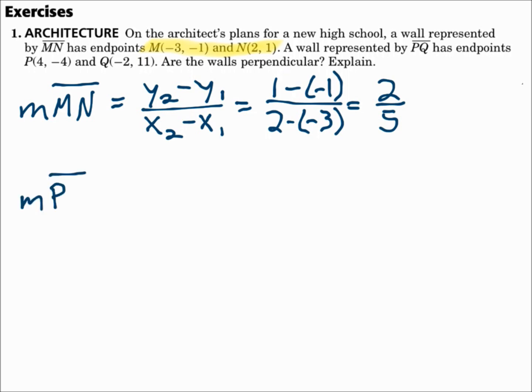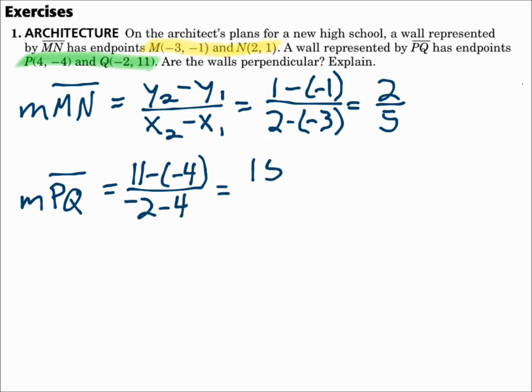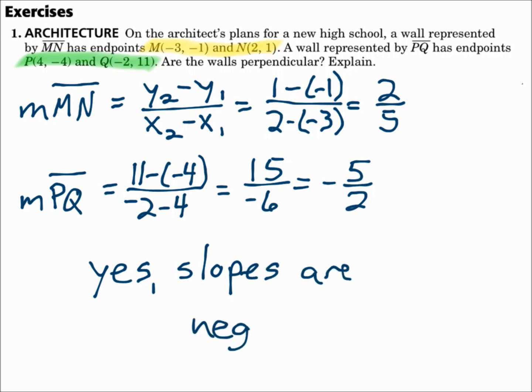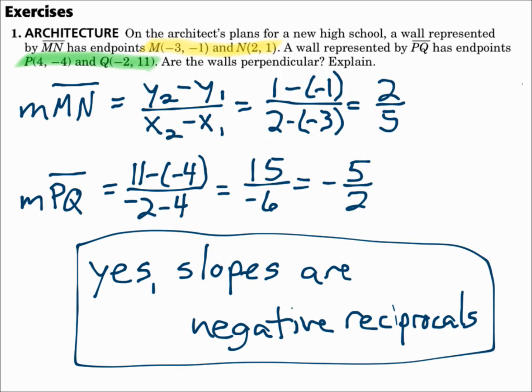For the slope of line PQ, y2 is 11 minus y1 is -4 over x2 is -2 minus x1 is 4. That gives you 15 over -6, which is -5/2. Are they perpendicular? Yes, they are. These slopes are negative reciprocals. So yes, the two segments are perpendicular.